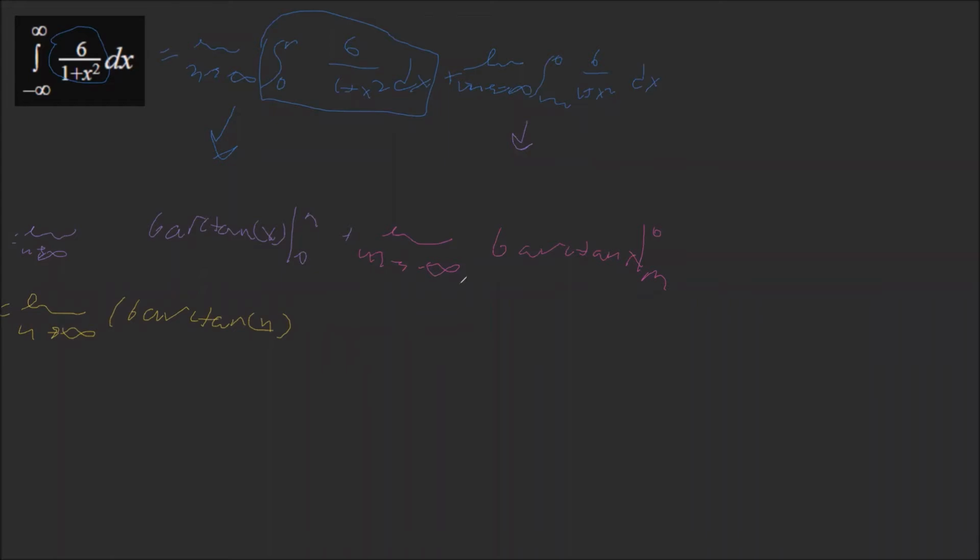And so we can erase that function. Plus the limit as m approaches negative infinity of 6 arctan 0, which is of course 0, minus 6 arctan m. Okay, and as I said earlier, 6 arctan 0 is 0, and so we can erase that.